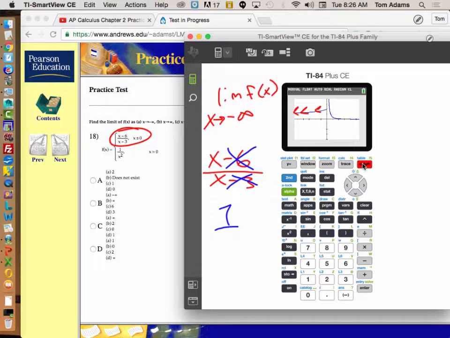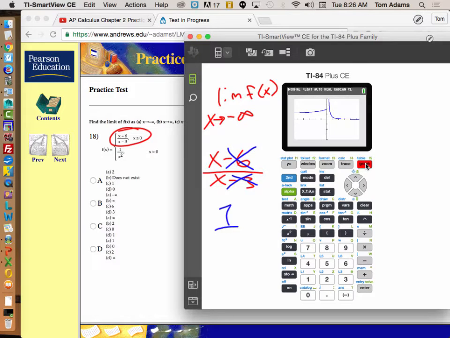One way to verify that is just to go to the table of values, and I've got to change some things. I'm going to hit table set, and I'm just going to put a large negative value in there, and then hit table, and look, it's 1.0003. Does that make sense?